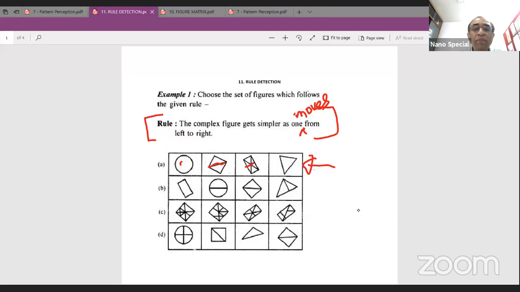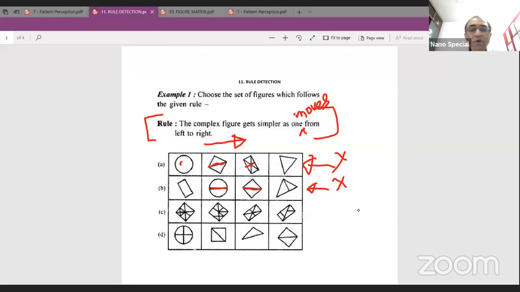So this is getting complex. It is not becoming simple. Similarly, in the case of B, a rectangle has become a circle with a diameter drawn, which has become a rhombus with a diagonal drawn. It is getting more complex. So this can't be the answer.